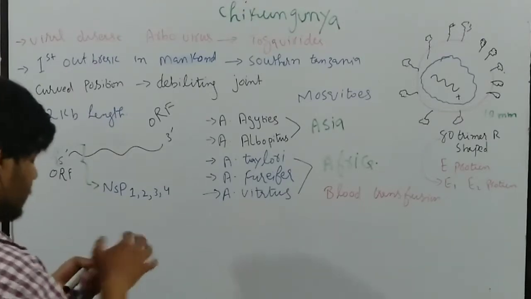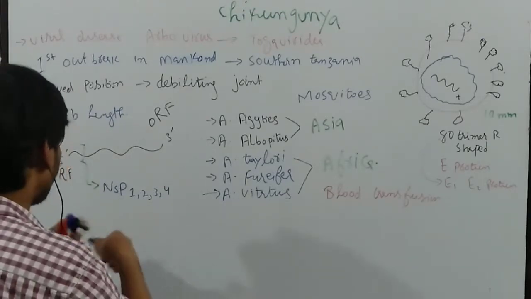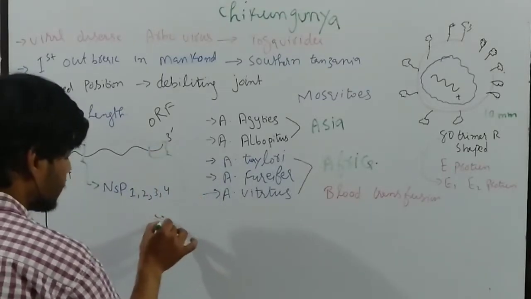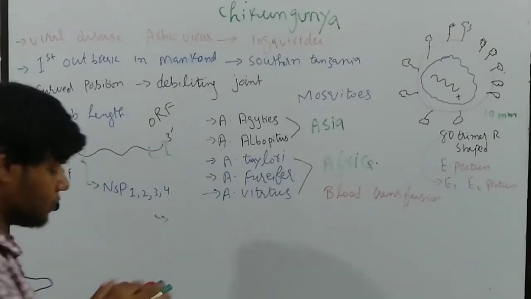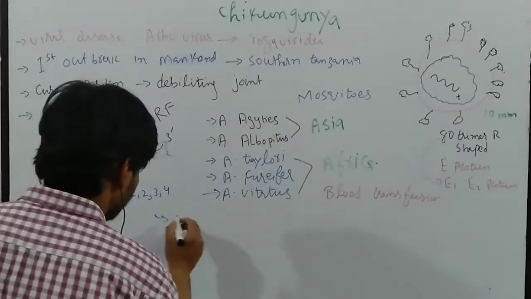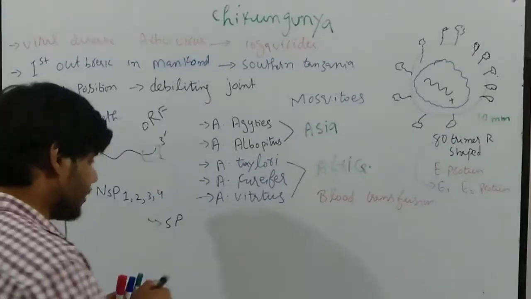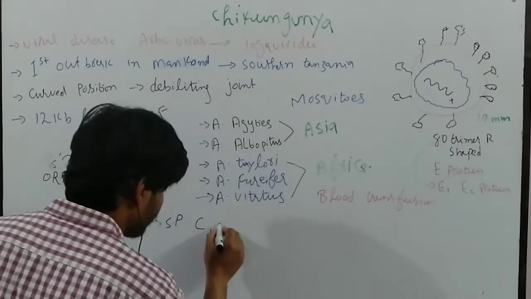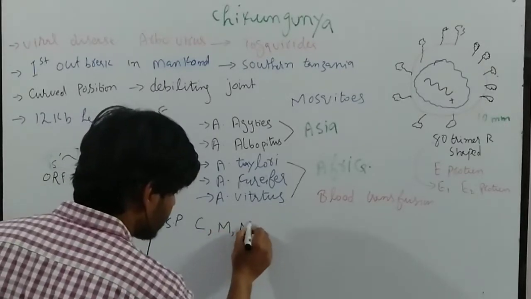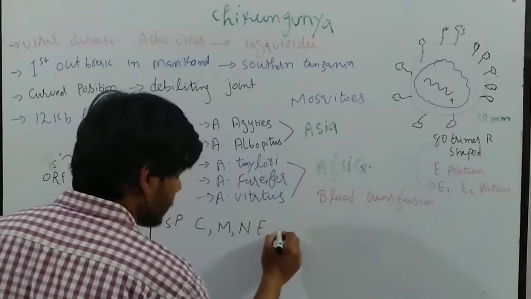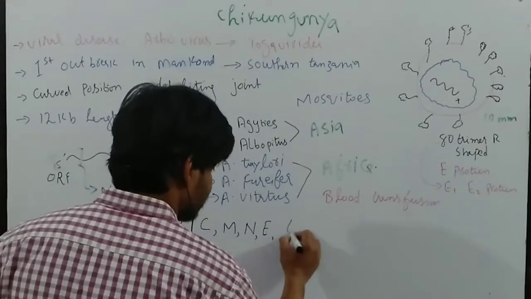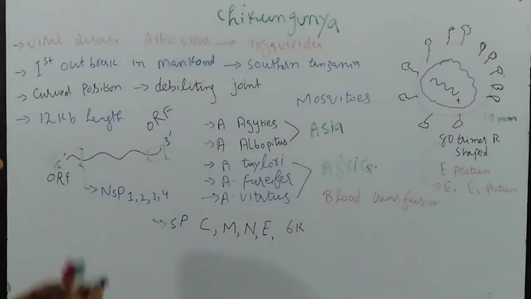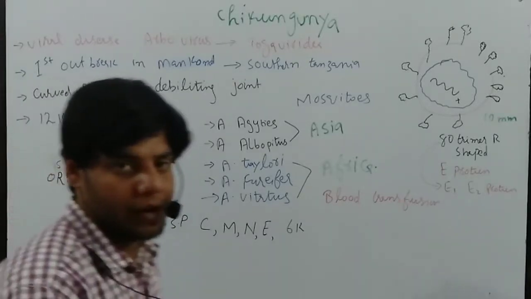The 3' open reading frame has the genes which code for the structural proteins: C proteins, M proteins, N proteins, E proteins, and 6K proteins. So these are the structural proteins usually present at the 3' end.